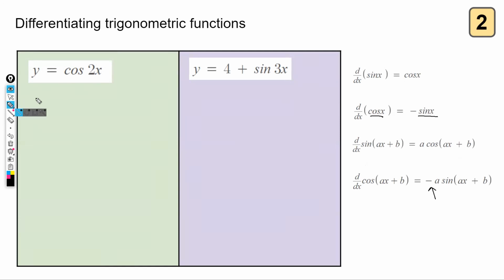So when you differentiate this, dy dx, you will get minus sine 2x, but whoever is touching the x goes outside as well. As simple as that. Okay? So that's the answer for that one using this formula. I would like you all to try the purple one.